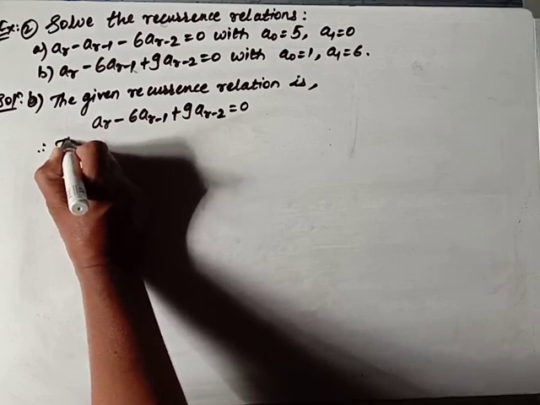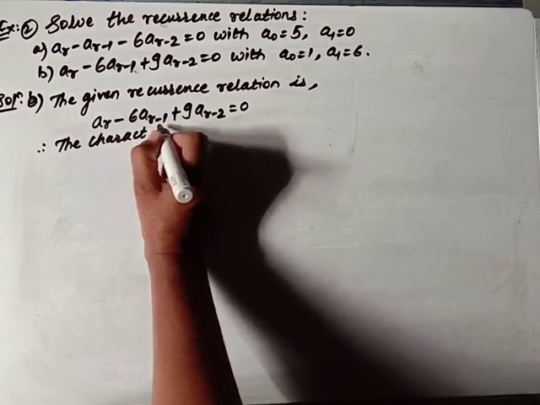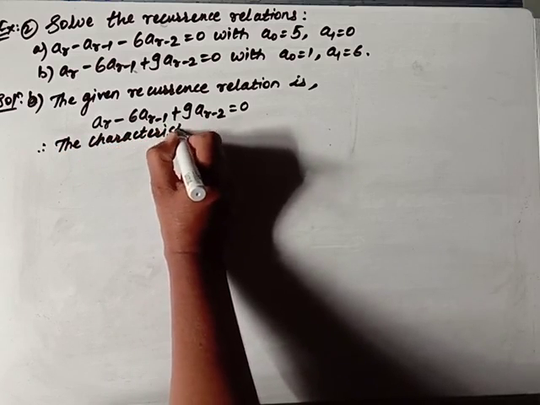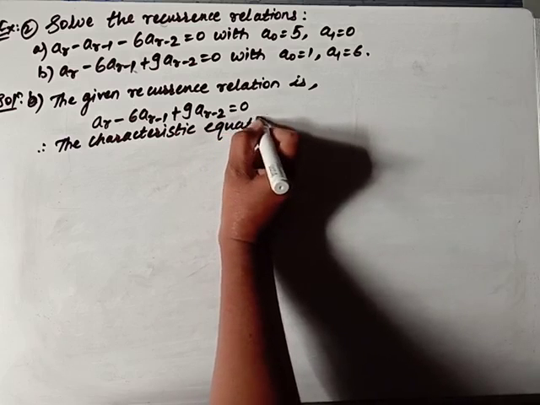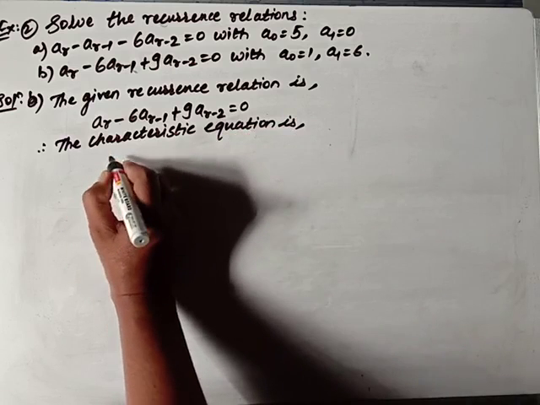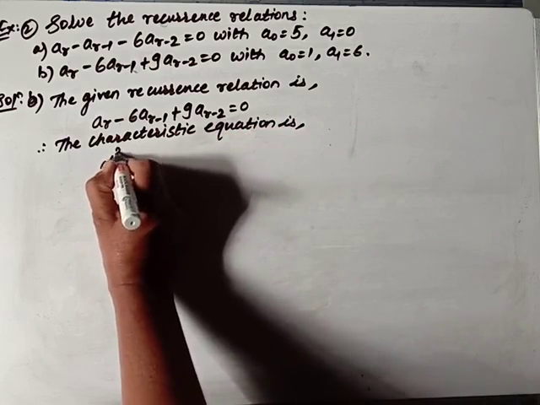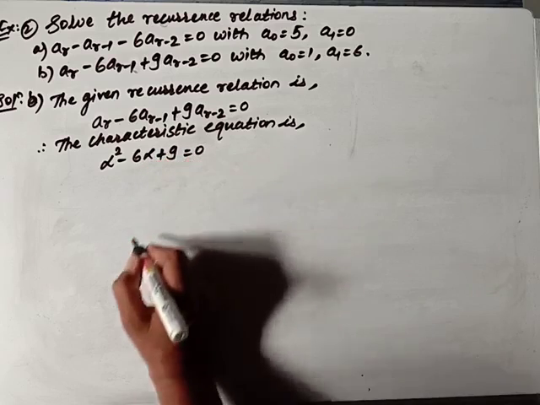Therefore the characteristic equation is alpha square minus 6 alpha plus 9 is equal to 0.